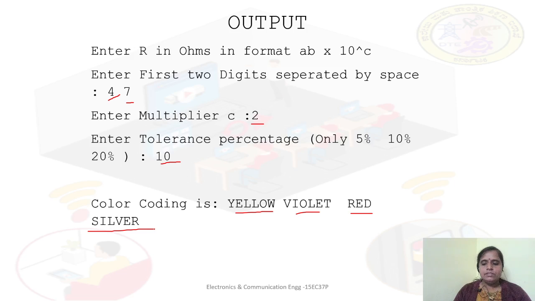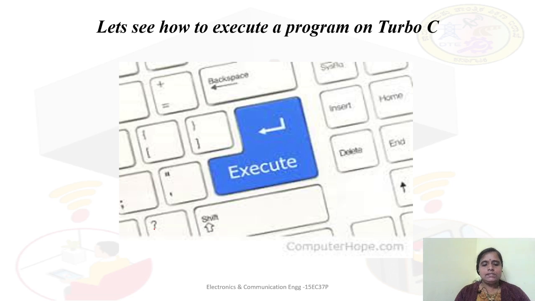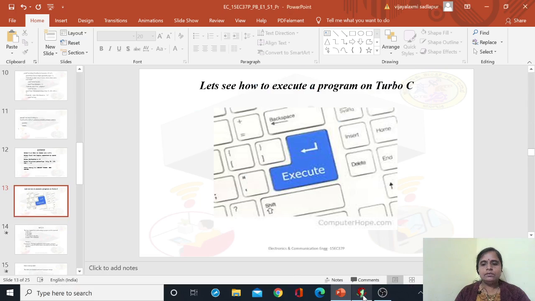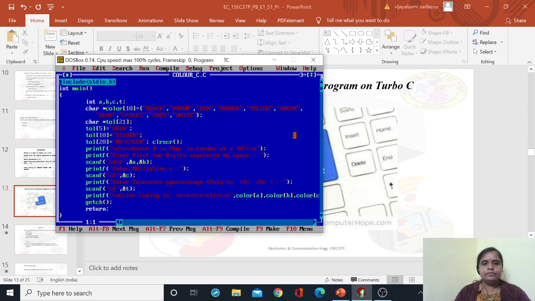So this is how we first have the algorithm, then the related flowchart, and we have also gone through the program. I will just see the execution of this program. I'll execute the program by opening Turbo C. This is the Turbo C which I have opened.